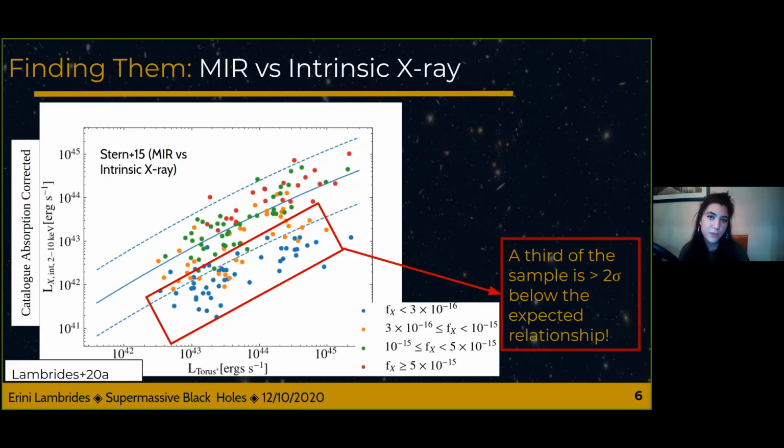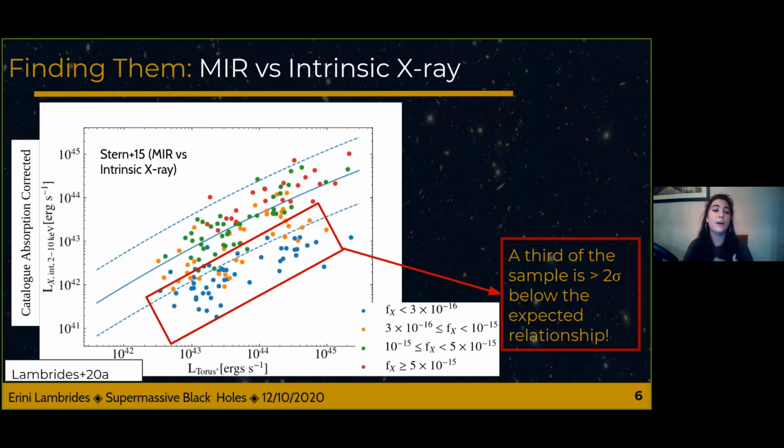And one of the first things we find in paper 1 on finding these obscured AGN is that when you look at the intrinsic X-ray values from the catalog and compare it to another probe of AGN power rooted in the mid-infrared, the L Taurus star, we find that a third of our sample is 2 sigma below the expected relationship. Now, this sample is all of the AGN that are identified in the catalog in 7 megasecond south between the redshifts of 0.5 and 3.